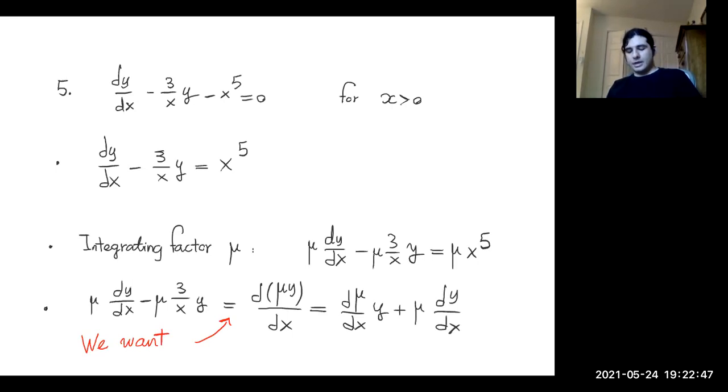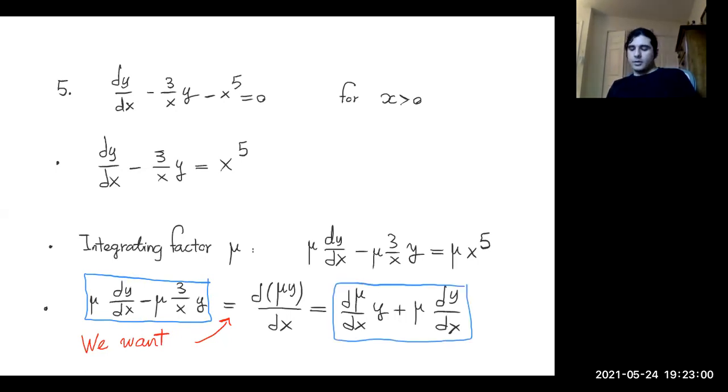And therefore, we need the left-hand side to be equal to this right-hand side. So if you look carefully, you would see the first terms are equal. Mu dy dx is equal to this mu dy dx. So if they want to be equal, minus mu 3 over x y should be equal to d mu dx y, right?